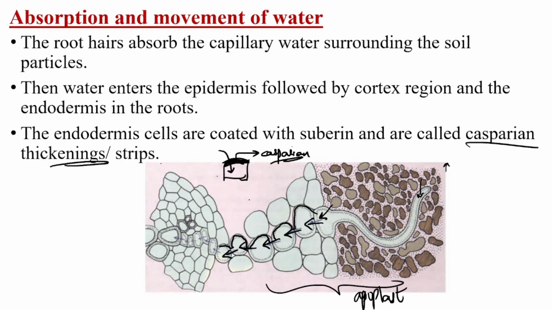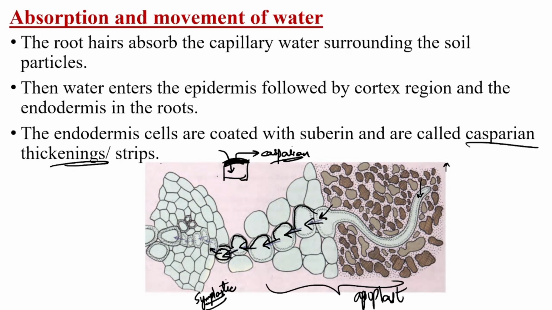No, obviously it cannot enter through the cell wall. That's the reason the water which is present in the cytoplasm and the vacuole now enters into the endodermis by symplastic pathway, through the protoplasm and the plasmodesmata.